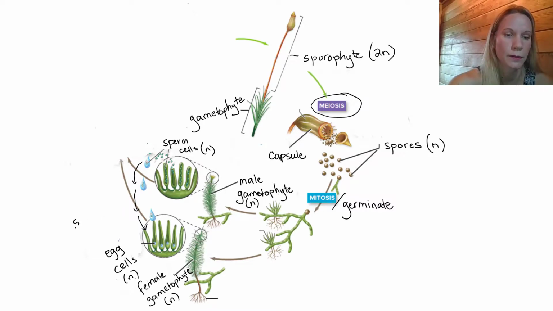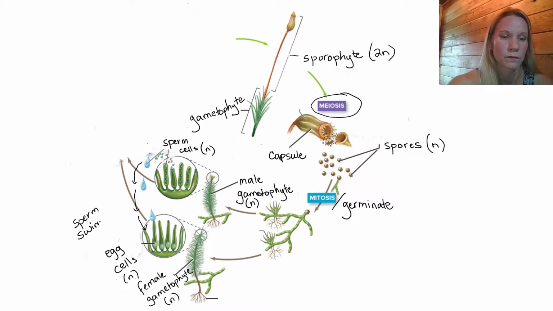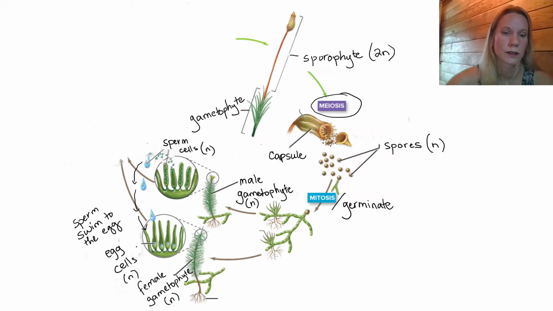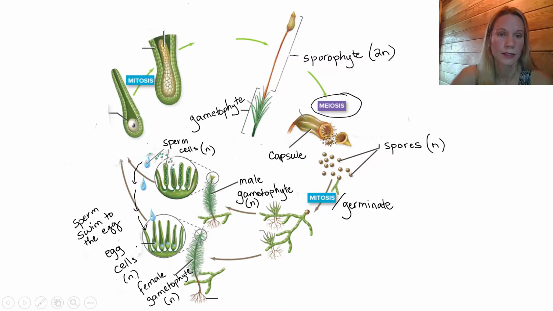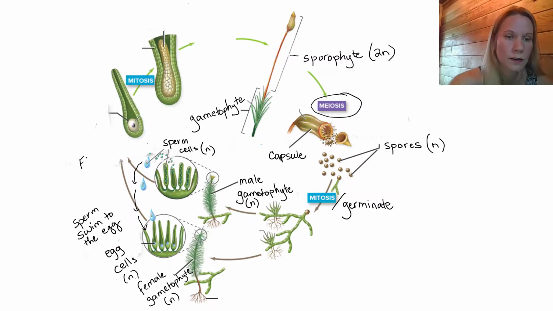So the sperm swim to the egg, and then that process would be called fertilization.